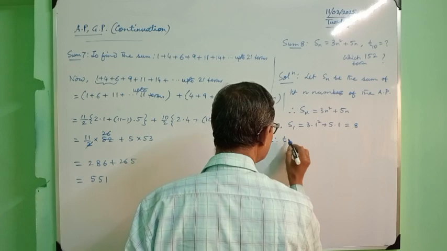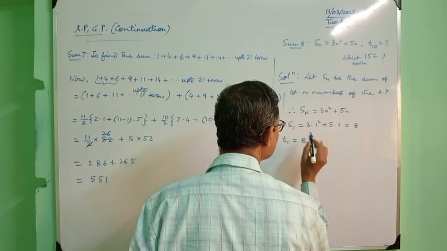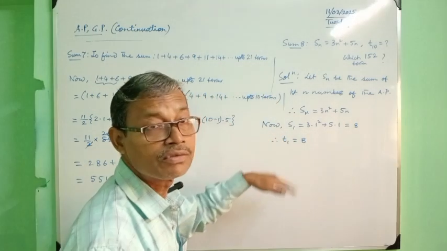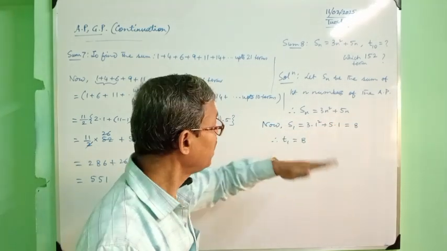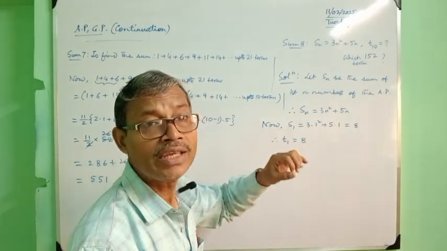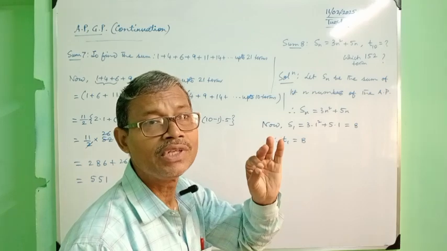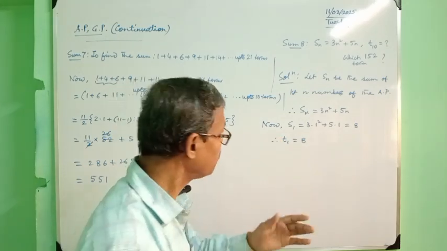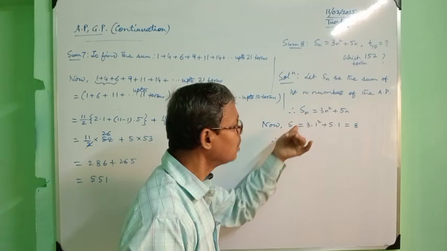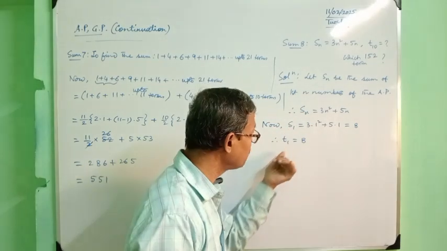Therefore, T1, that is the first term, is 8. Note this, very important. Sn equal to this. If I put n equal to 1, I will get sum up to first term. That means there is only one term, that is the first term. That is why putting n equal to 1, we get first term.